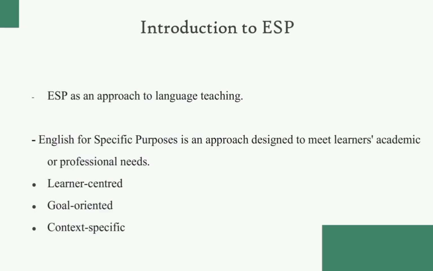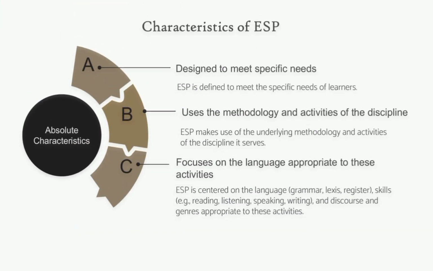Second, ESP is goal-oriented. Learners study English to accomplish clearly defined objectives rather than simply improving their general language proficiency. Third, ESP is context-specific. The language taught reflects the academic discipline or professional environment in which learners will communicate.